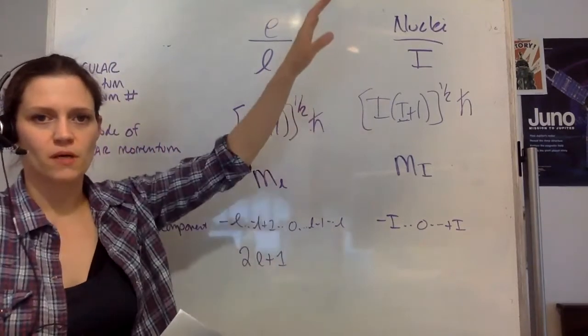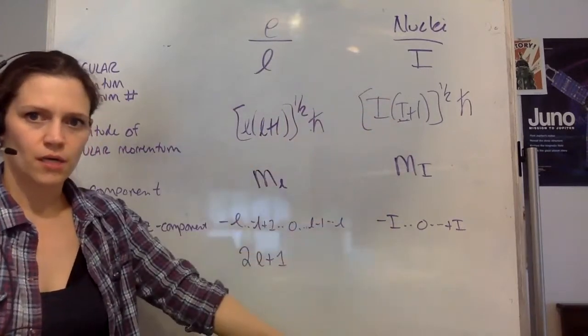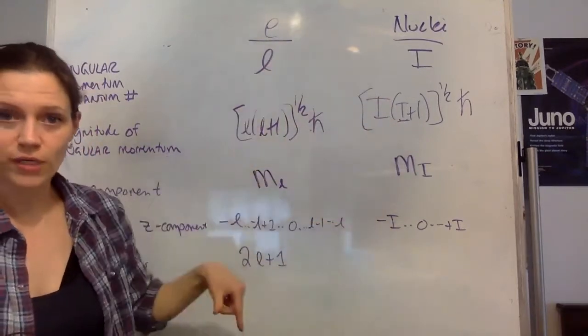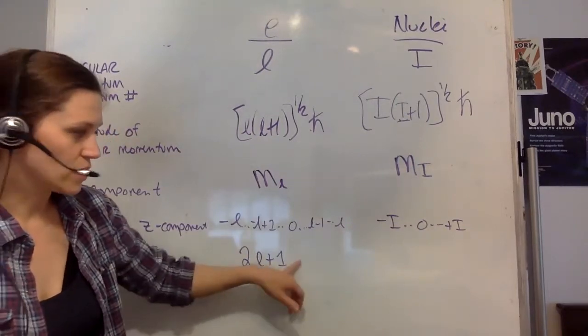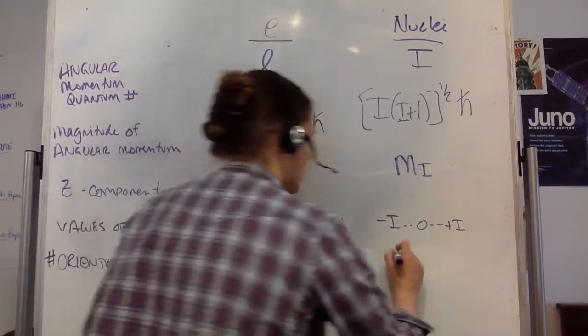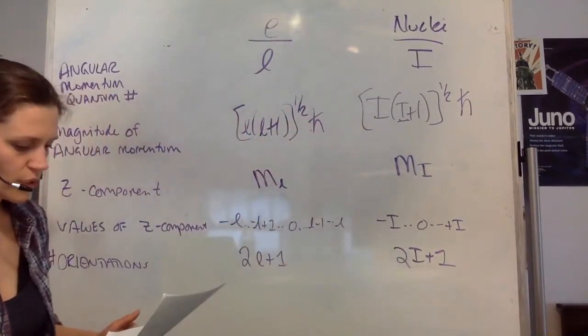So you can have m sub l equal to minus 1, 0, or plus 1, so that would be 3. So if L equals 1, then 2 times 1 plus 1 gives you 3 orientations. Likewise, 2I plus 1 gives you the number of orientations.